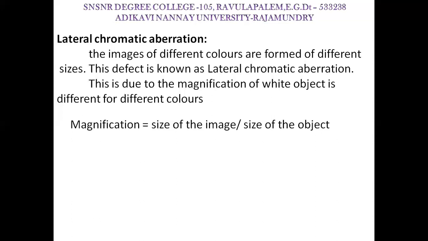Here the distance of the image means the distance from the focus point to where the image is formed, and the distance of the object is from the focus point to where the object is placed. That is another definition of magnification: magnification is equal to distance of the image by distance of the object.